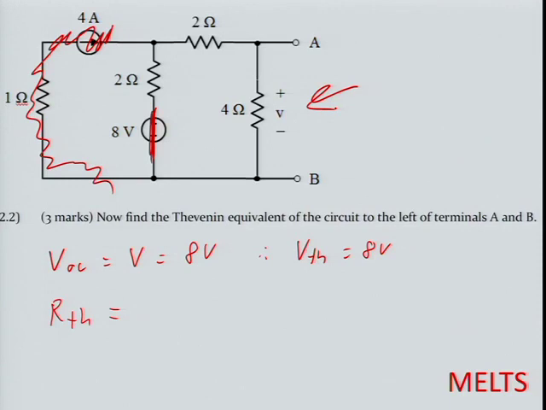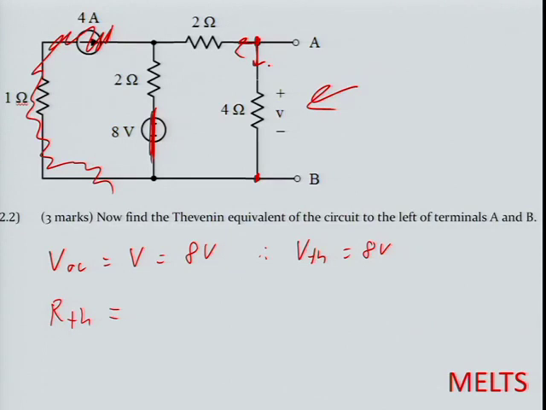How could it be 4? It's 4 in parallel with 2 plus 2. It would only be 4 if I open circuited the voltage source as well. This point here and this point here, I could go that way or that way. It's the same voltage across the 2 plus 2 as there is across the 4.